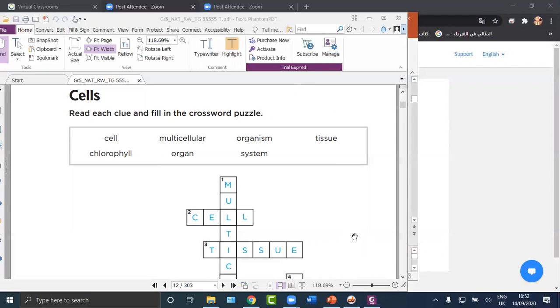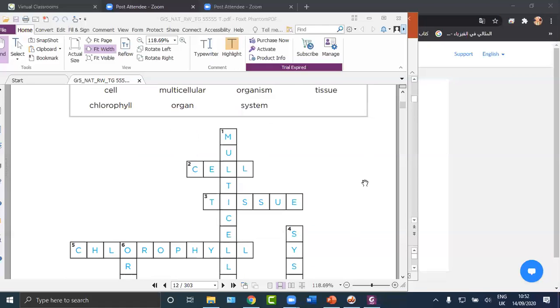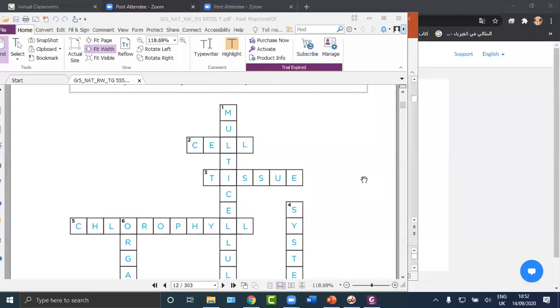Number 5, chlorophyll. Excellent. Number 6. Who? Muad. Number 6, organ. Yes. Number 7.